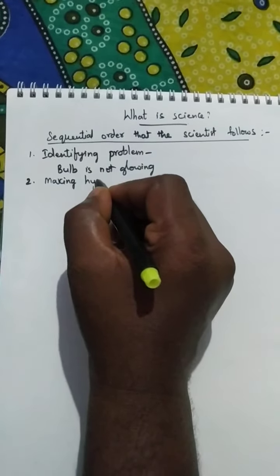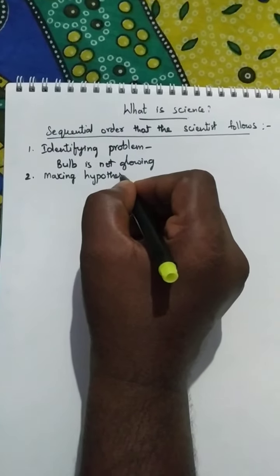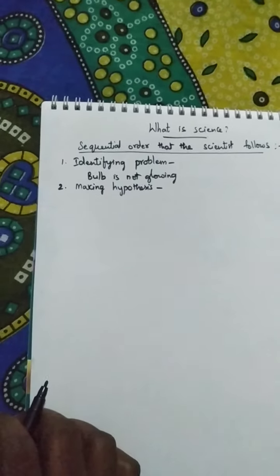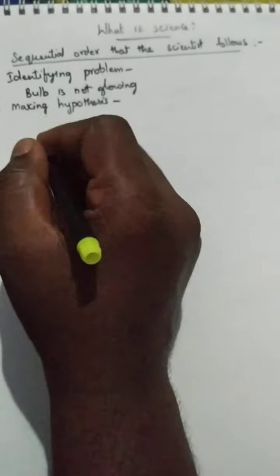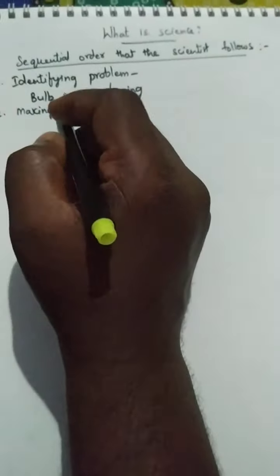Already we learned what this hypothesis is. Do you remember? Hypothesis is nothing but the different reasons that you may think, because of this it is not working, because of that it is not working. For example, why is the bulb not glowing? Maybe the filament.